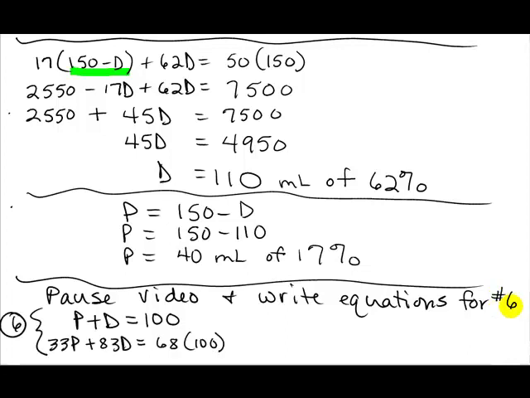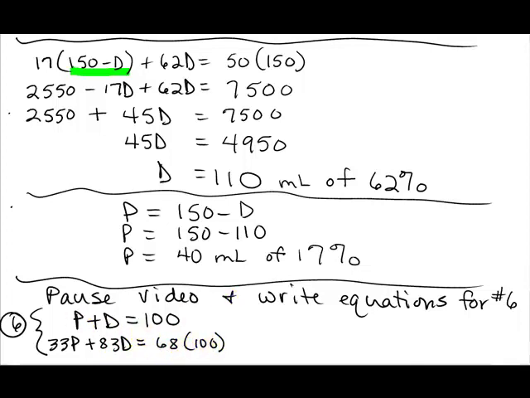Okay, so this chemist needs 100 milliliters, so this is our number amount. She has 33% to pour, an 83% solution to dump, and she needs a 68% solution of the new amount.